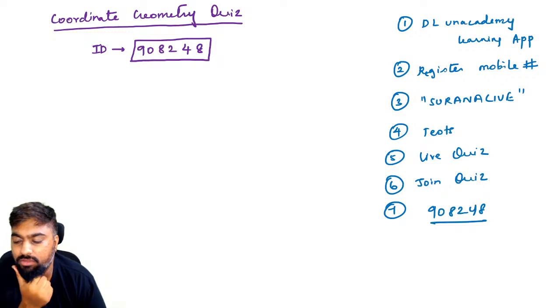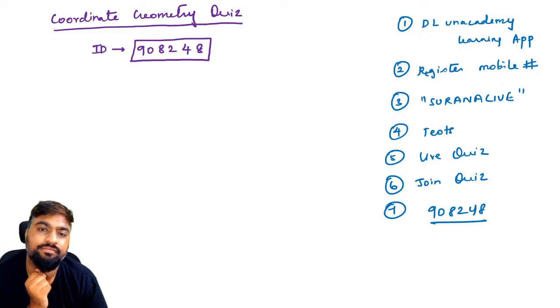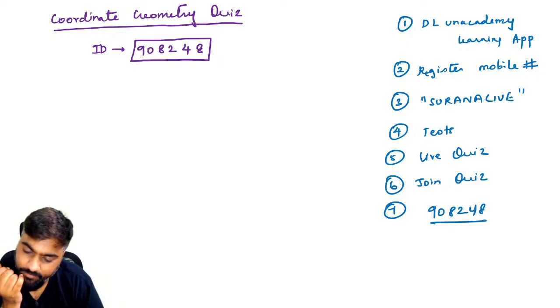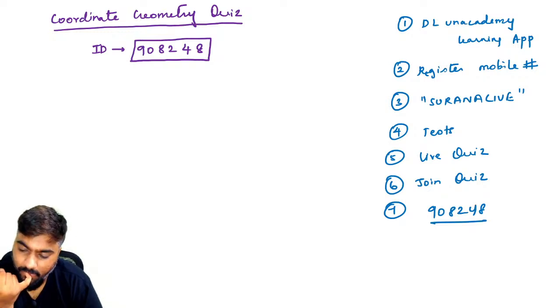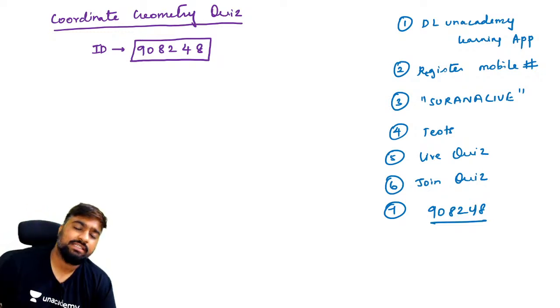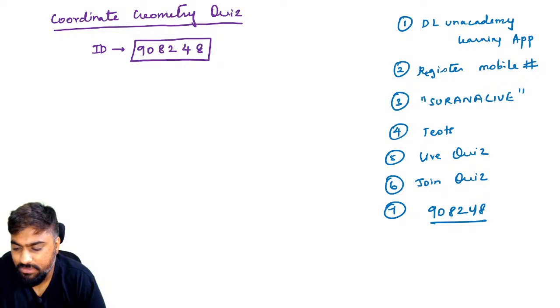You need to find out the intercept. Very simple. X intercept is when y is equal to 0, y intercept is when x is equal to 0. Simple as that.